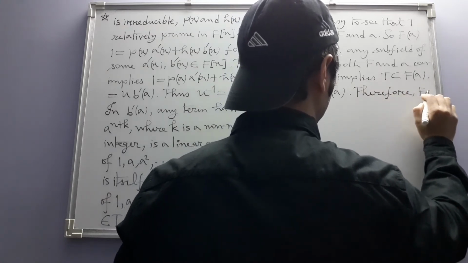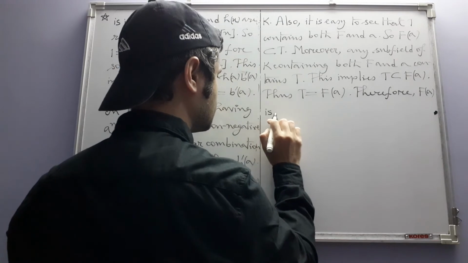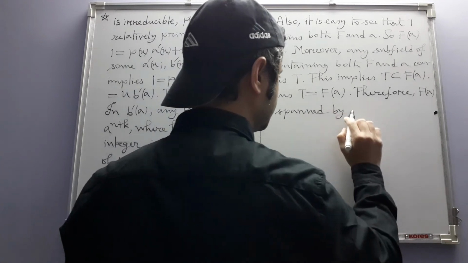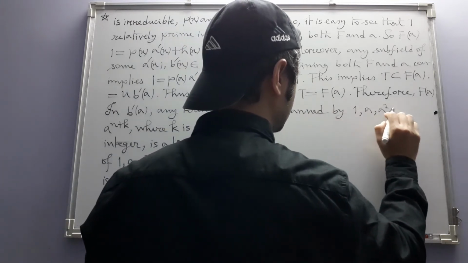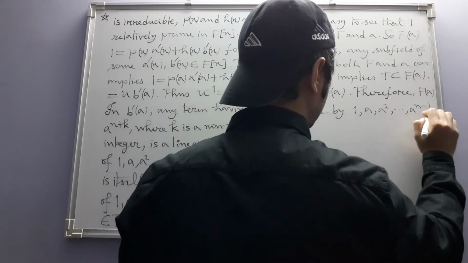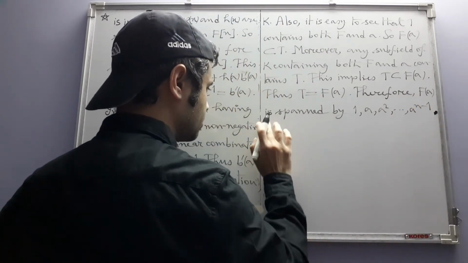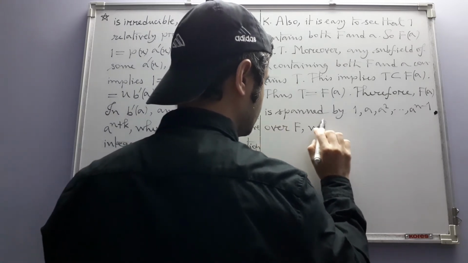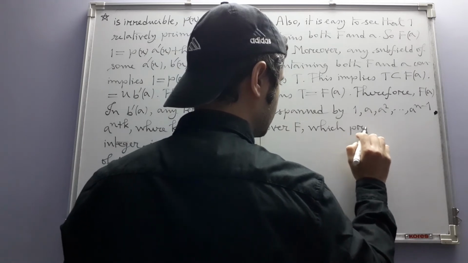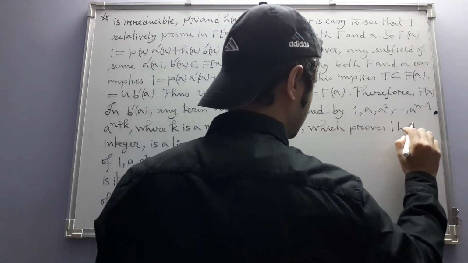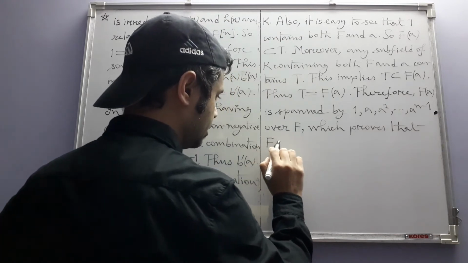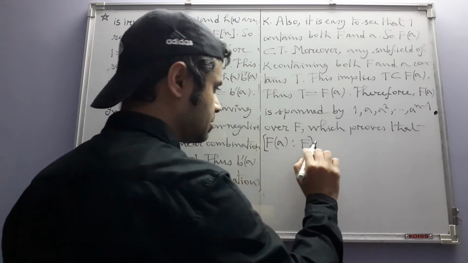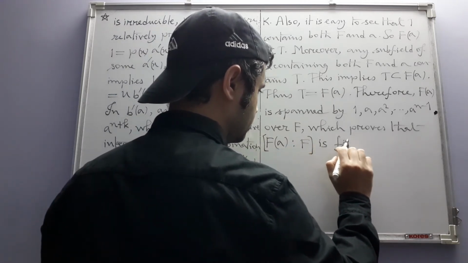Therefore, F(A) is spanned by these elements over F, which proves that F(A) is a finite dimensional vector space over F, or in other words, this degree is finite.